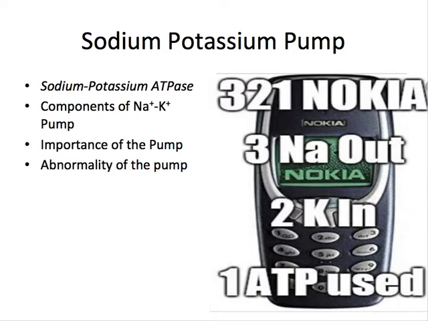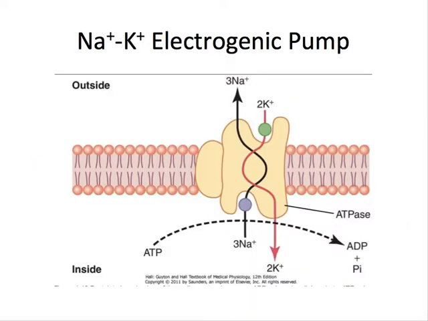Number one, it has three receptor sites for the binding of sodium ions on the inside of the cell. As you can see in this figure, because the pump has to transport the sodium outside, on the inside it has three receptor sites for the binding of three sodium ions.